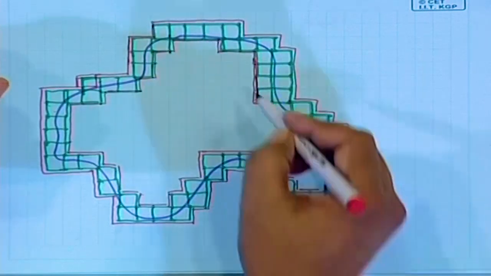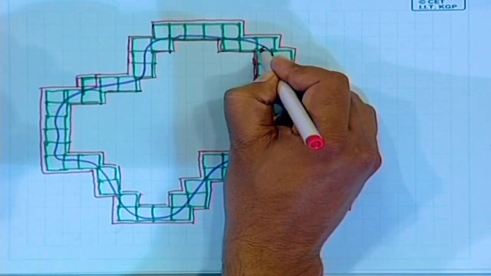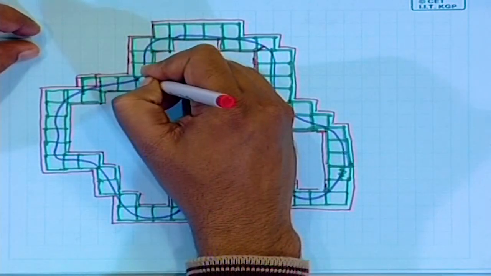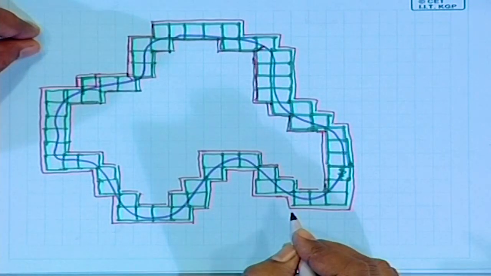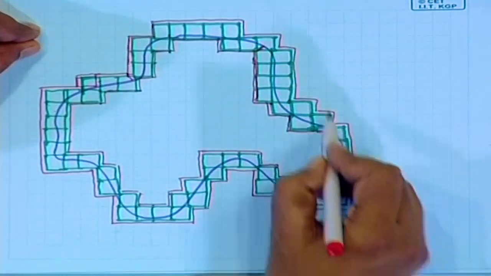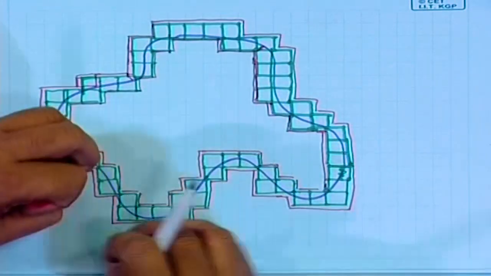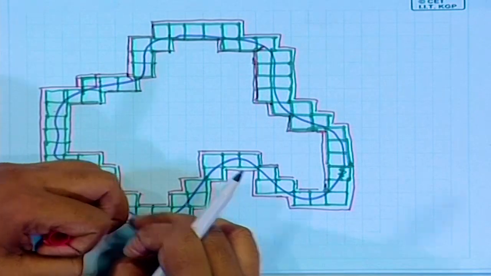This part of the cord will try to contract and come towards this direction. Similarly, this part of the cord will contract and move towards this direction. Likewise, at each and every point on this boundary we find how the cord will move, whether in the outer direction or the inner direction, until it reaches the limiting points.